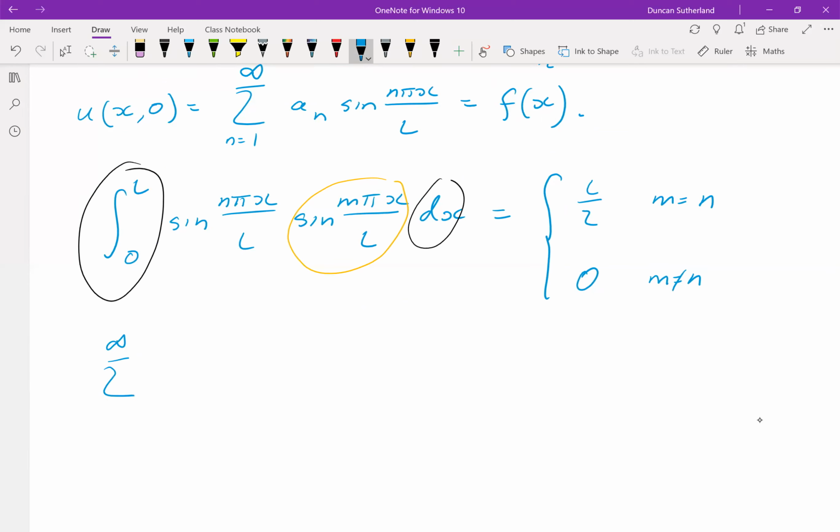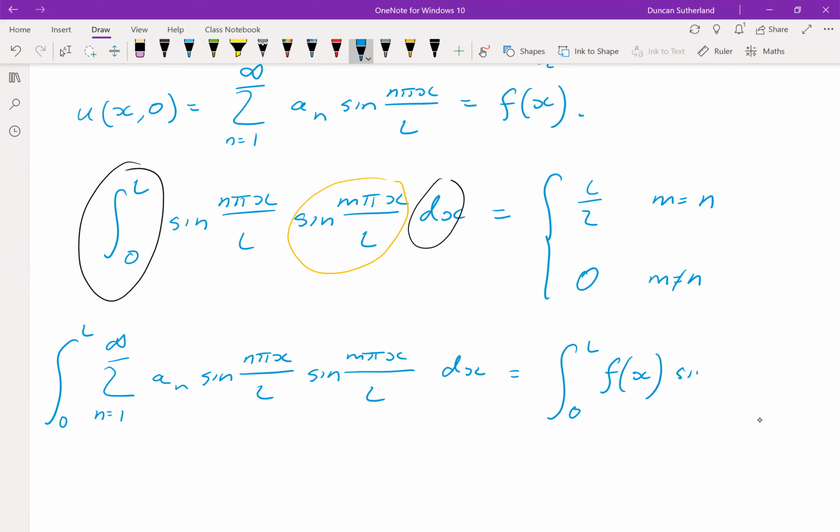We assume, well, we know that swapping the order of summation and integration works if your functions are analytic and sine's analytic. So what we've got is this, there's our integral, equals integral 0 to L f of x sine m pi x on L dx.